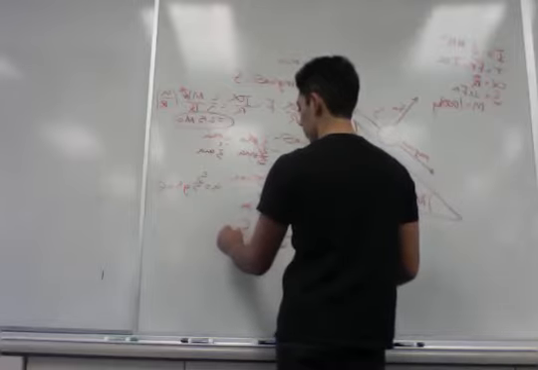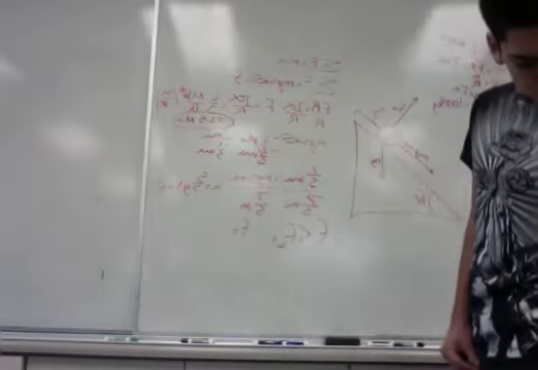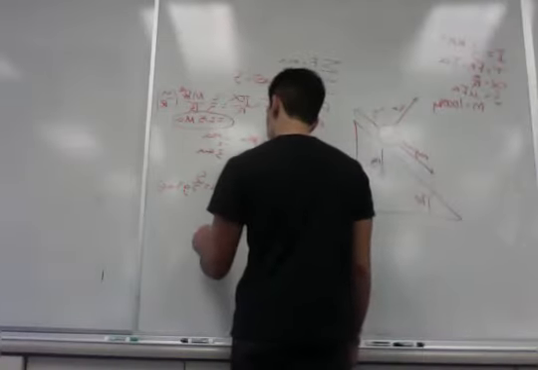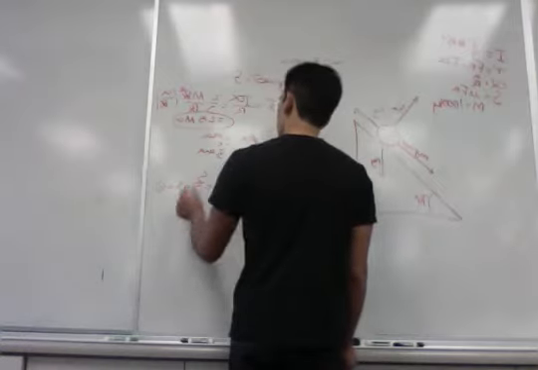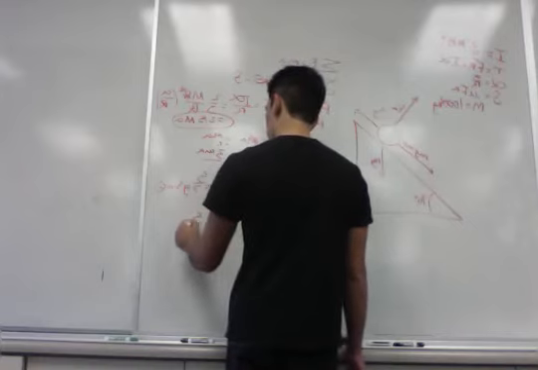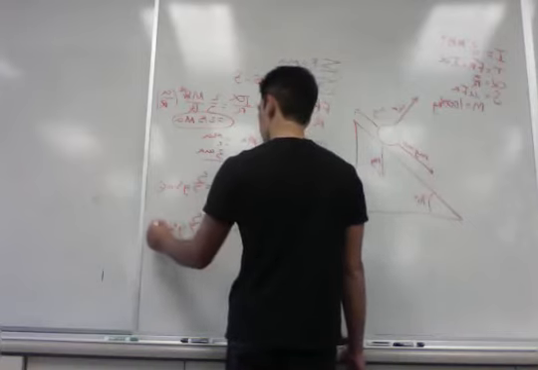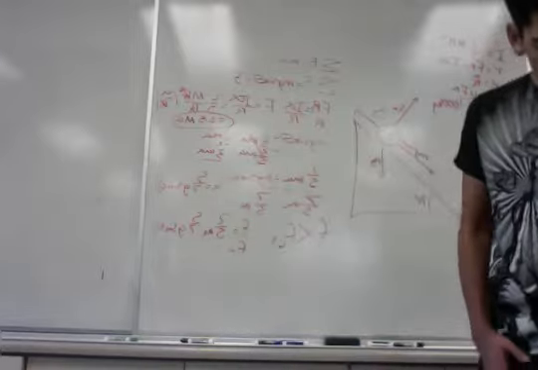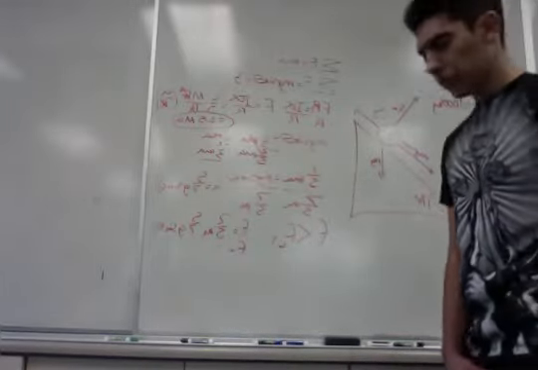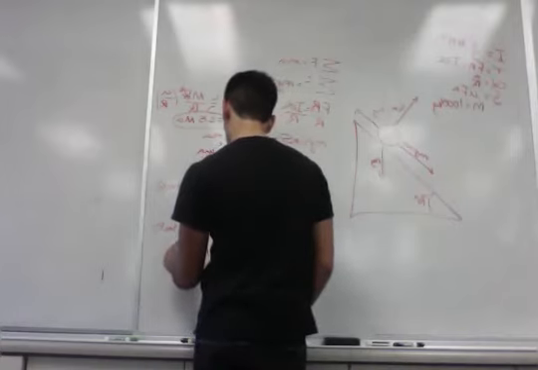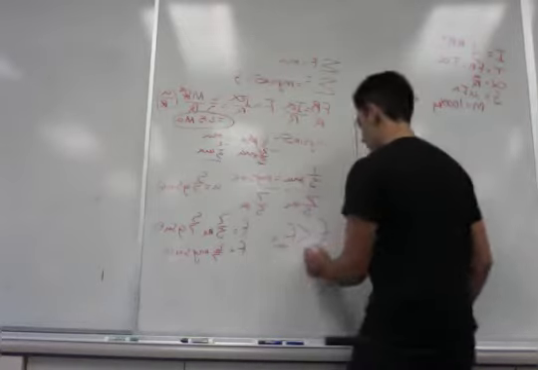F is equal to 2/5 m, which we got from here, and then you plug in the a, which is 5/7 g sine theta, and that's going to leave us with 2/7 mg sine theta. So now I can go back to this.